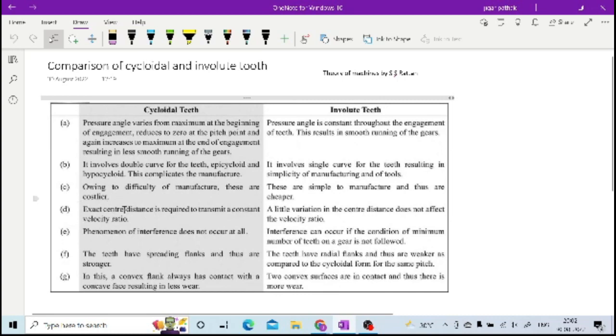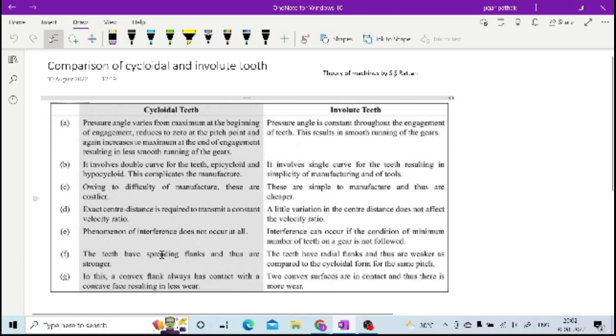So actually requirement is there, as it is mentioned, you have to have exact center distance when you are transmitting with this cycloidal teeth gear, means whatever gears are manufactured with this cycloidal profile, when they are transmitting the power, the center of those shafts must be at exact distance. There should not be any deflection, while in case of involute little bit of that deflection is allowed, right?